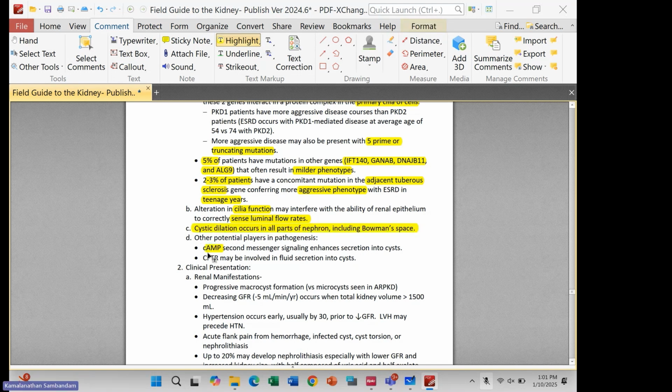Now, what will become relevant when we talk about therapeutics is that this tubular secretion or transport, let's use a more general term, is mediated through cAMP signaling.